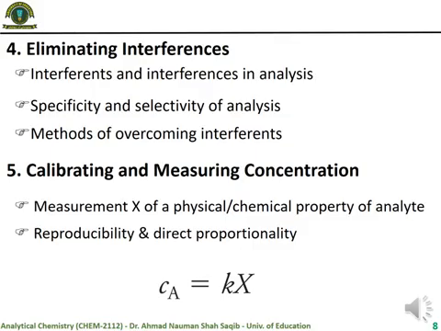We should check the reproducibility of the process, and unless it is reproducible, we cannot rely on the data. So reproducibility and direct proportionality of the concentration of analyte with the property or characteristic we are using for analysis is really important for the accuracy of our analysis.